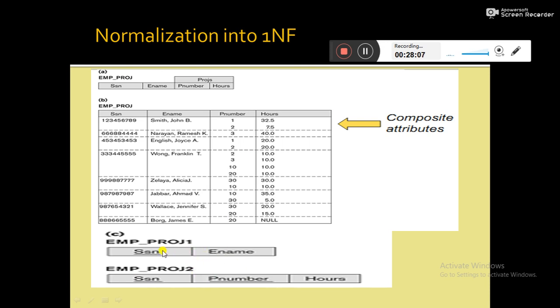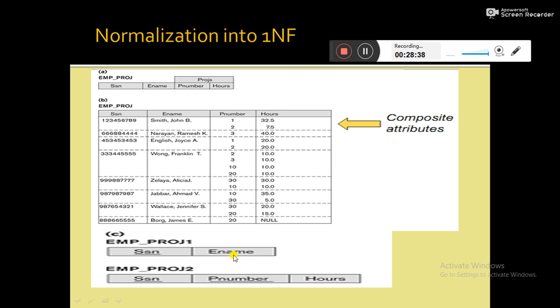Now we can still break down EMP underscore PROJ1 further and fine tune it. Why? Because in the attribute ename, employee name, this particular attribute is not atomic, and a relation is not in 1NF if an attribute has data which is non-atomic.